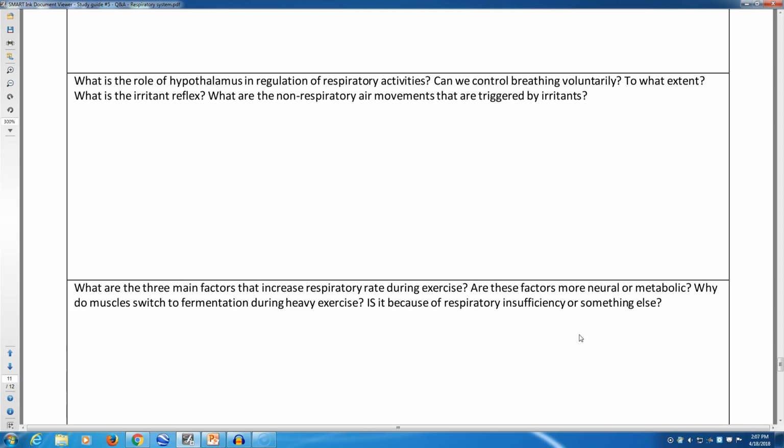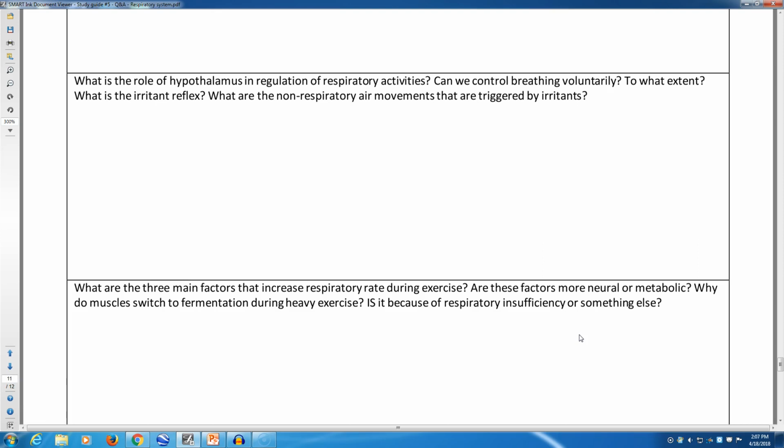Can we control breathing voluntarily? Yes. Can we suffocate? No. If CO2 becomes too high, we're going to take an actual breath. Okay. Irritant reflex. That's simple. We get dust in the respiratory passages, we cough or sneeze. Clear? That's it.